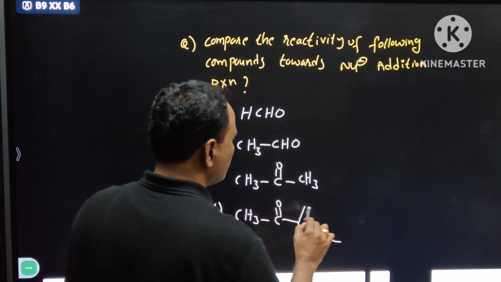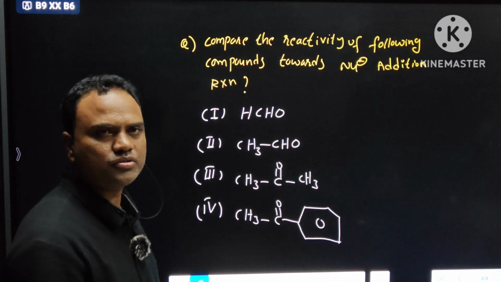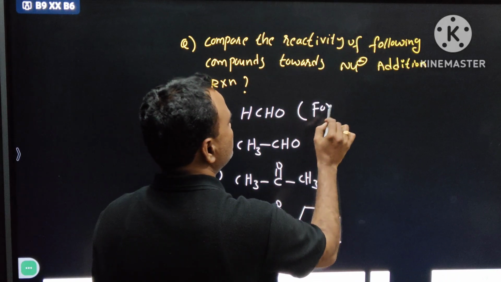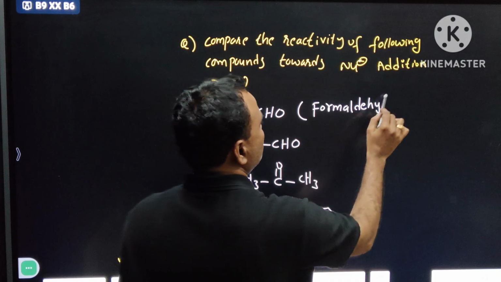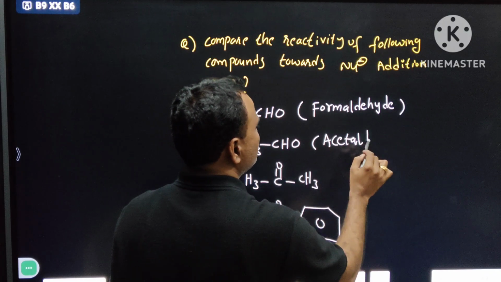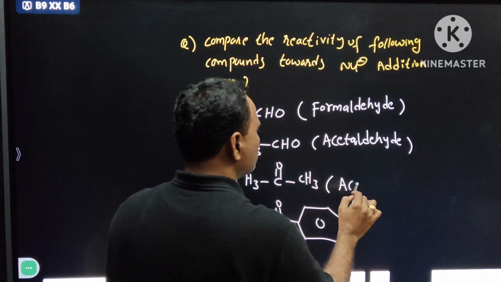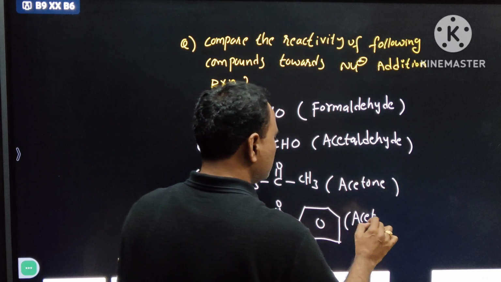You should remember the names also. Sometimes you will get the names instead of structures. This is formaldehyde, IUPAC name methanal. This is acetaldehyde. Common names are also very important. Acetaldehyde, and this is acetone, and this is acetophenone.